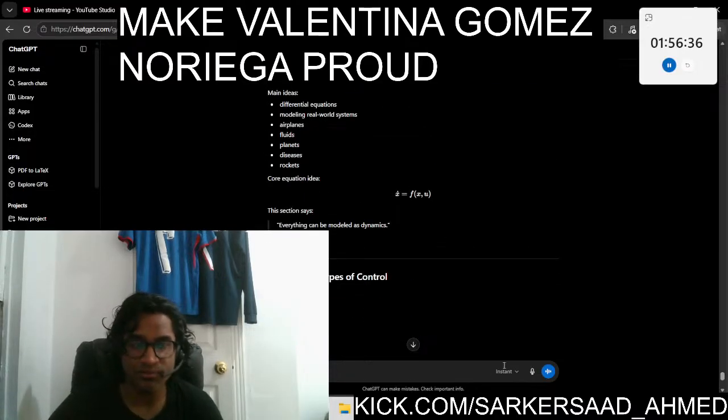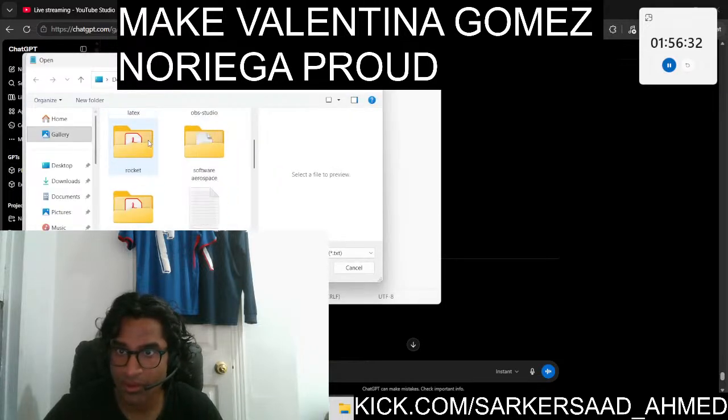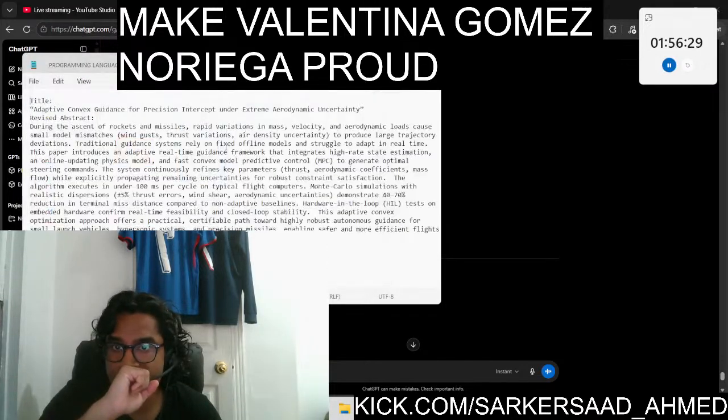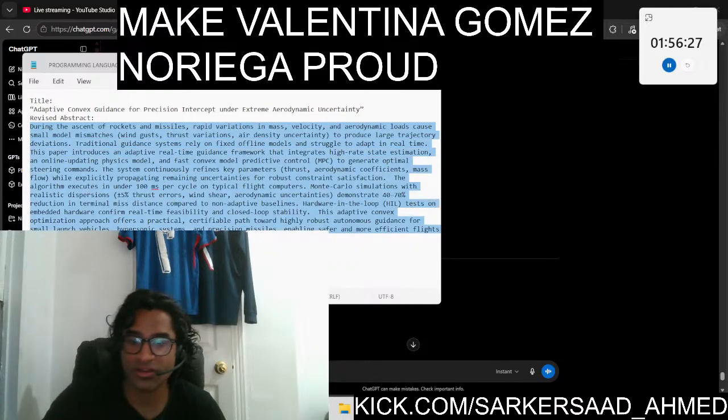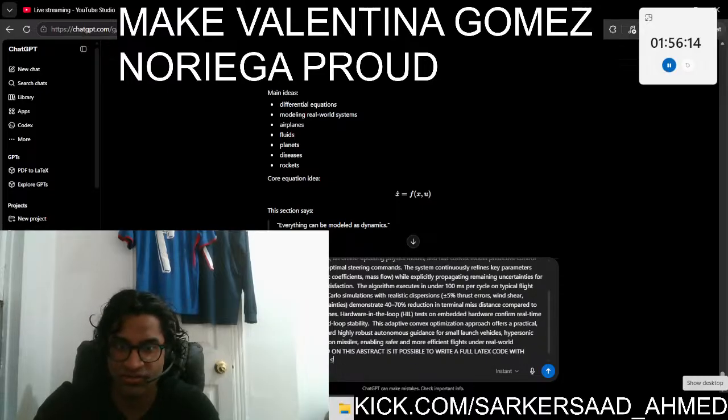So let's do one thing based on this abstract. Where's the abstract? So based on this abstract, is it possible to write a full LaTeX code with explanation and stuff?